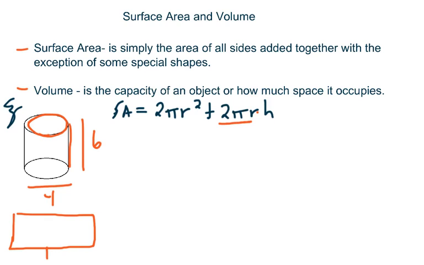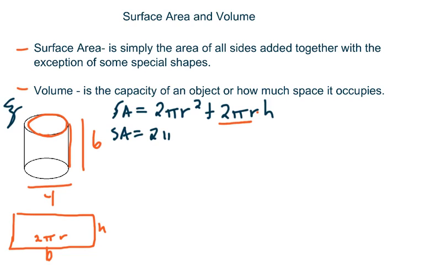Really the base is 2 pi r, your circumference. So that's where that formula comes from. It's kind of like the area of a rectangle plus the area of 2 circles. So pretty straightforward. Just plug in your values, and that's really all surface area and volume is: understanding what formula to use. Plug the numbers in, you get your answer.